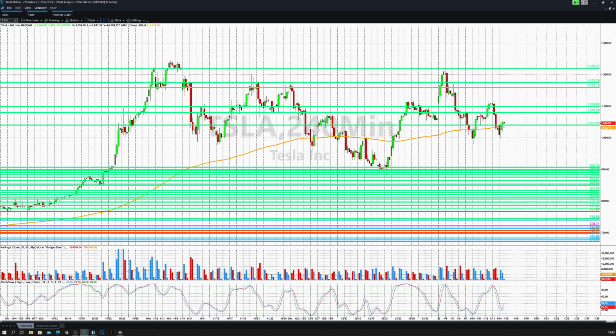We need to break. The price can move to the 1075 area. This area again, from there it can reverse, and let's hope we manage to break this high, so we will have a break of the pattern.